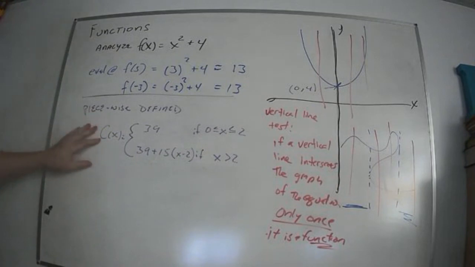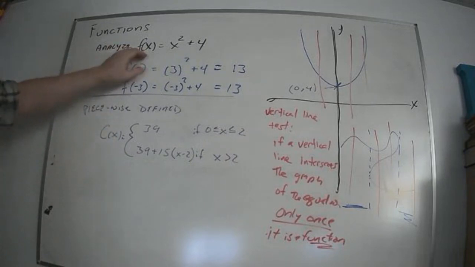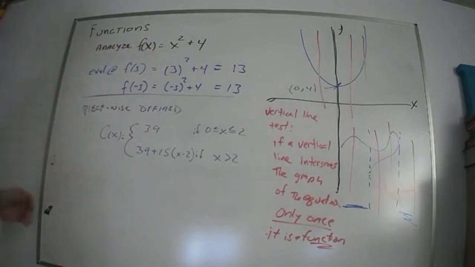Anything that's of this form, one letter with x in parentheses, is going to be telling you it's a function. The most common one is f of x, but you'll often see g of x, h of x, etc.